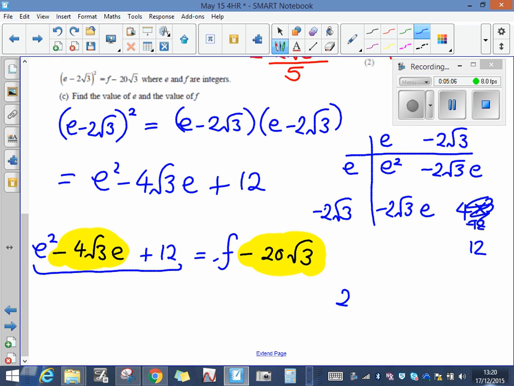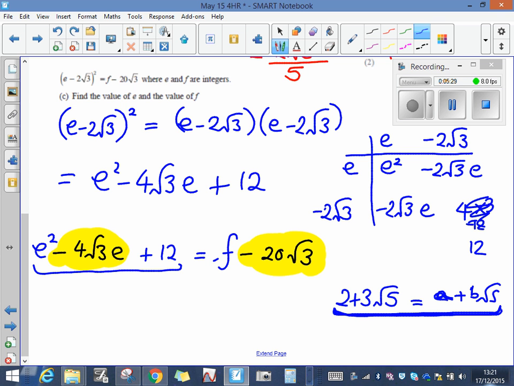For example, if I had 2 plus 3 root 5 is equal to, let's say, a plus b root 5, the only way that that could be true would be if a was 2 and b was 3. No other choice. The number of surds on the left and right and the number of rational bits on the left and right must be the same.